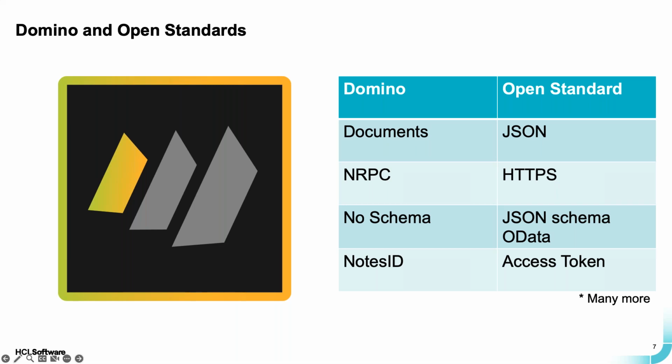Obviously, Domino, typically the access is over nRPC, and over REST API, it's going to be HTTPS. There are performance differences between the two, and it's important to bear that in mind as well when you're coding your REST API app.